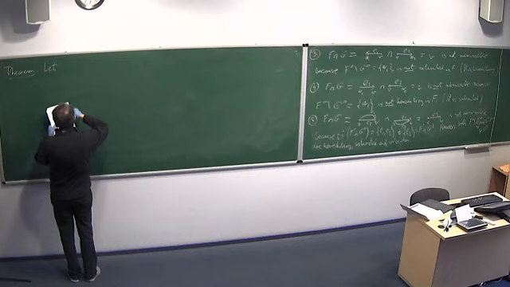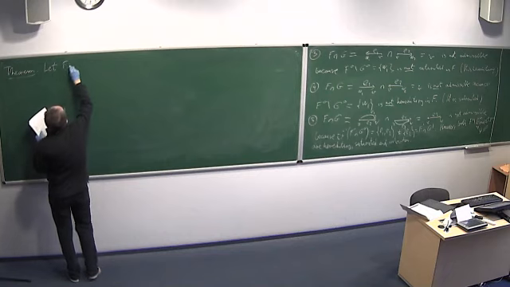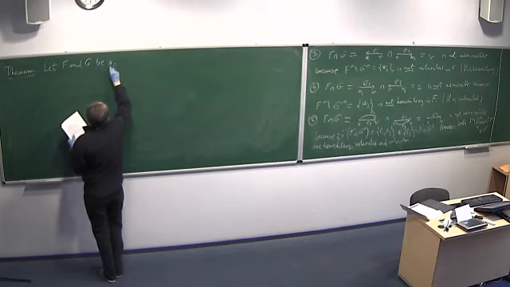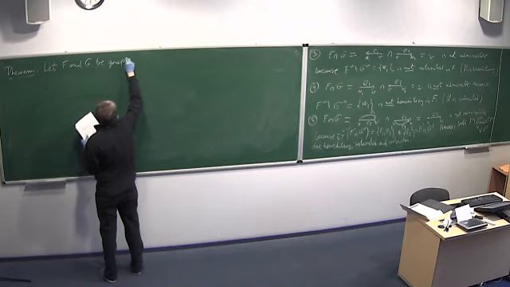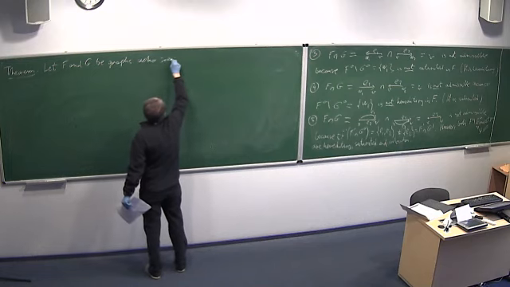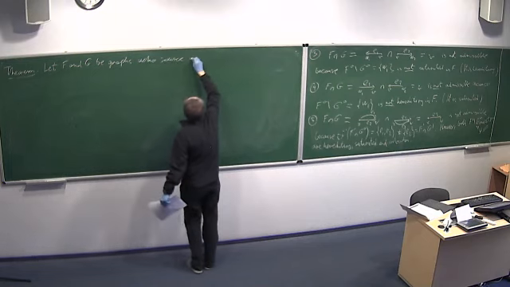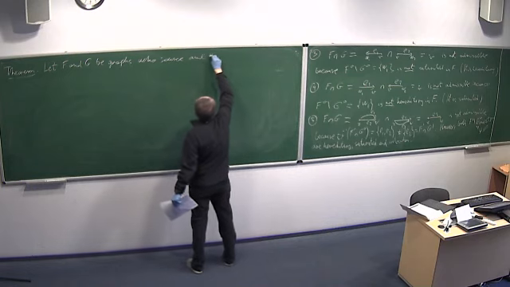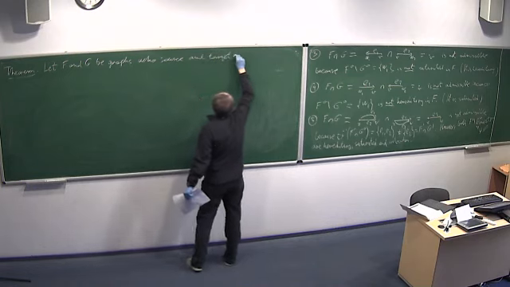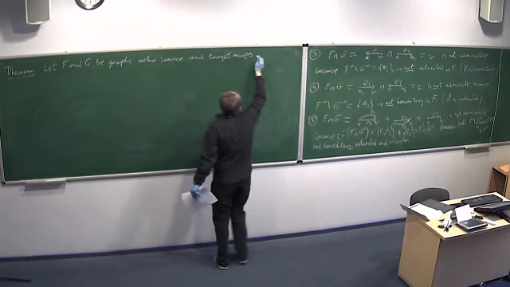Let F and G be graphs whose source and target maps agree respectively.